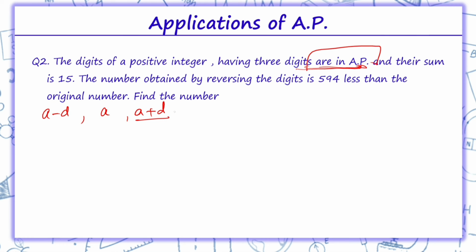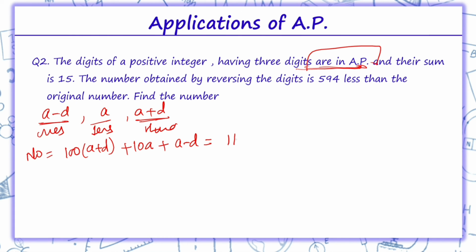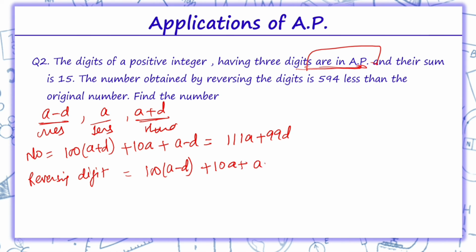Now the number becomes, this number is in ones place, this is in tens place, and this one is in hundreds place. So the number will become 100 into a plus d plus 10a plus a minus d. Thus we will get 111a plus 99d. Similarly, the number obtained by reversing digits will be 100 into a minus d plus 10a plus a plus d, which will come to be 111a minus 99d.